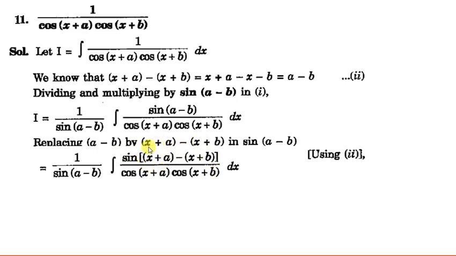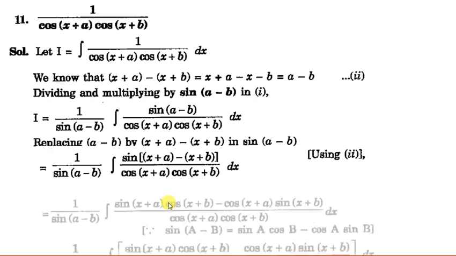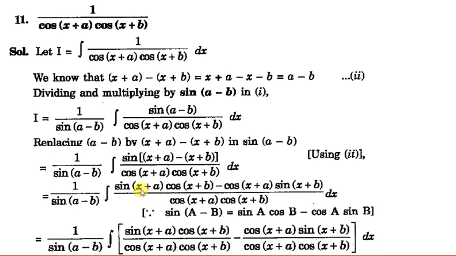Here a is x plus a and b is x plus b, and sin(a minus b) is sin a cos b minus cos a sin b. So we get sin(x plus a) into cos(x plus b) minus cos(x plus a) into sin(x plus b) in the numerator.